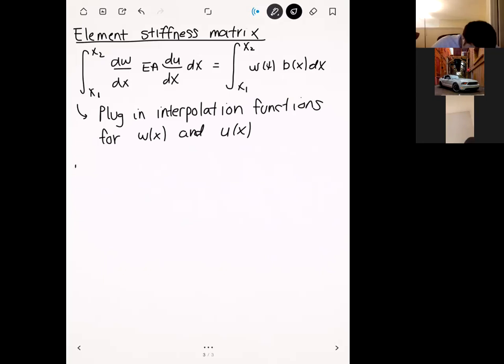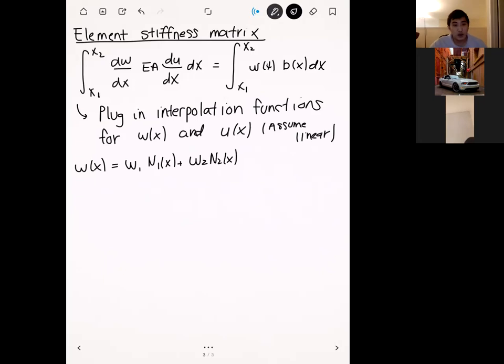So if we assume linear, we get the following equations. w(x) is going to be w1 times N1(x) plus w2 times N2(x), where w1 and w2 here are the values for w at the nodes.